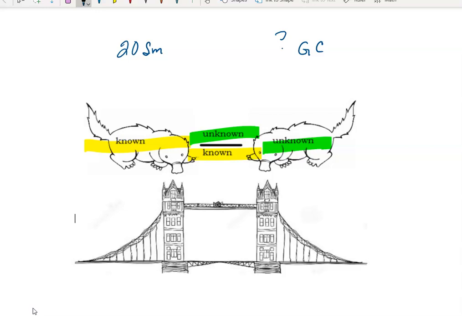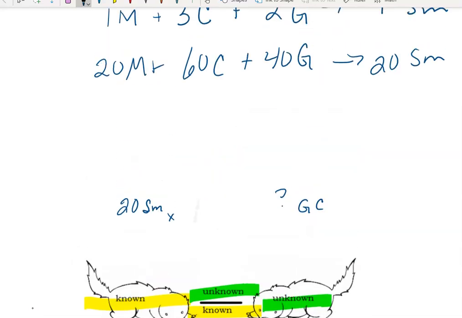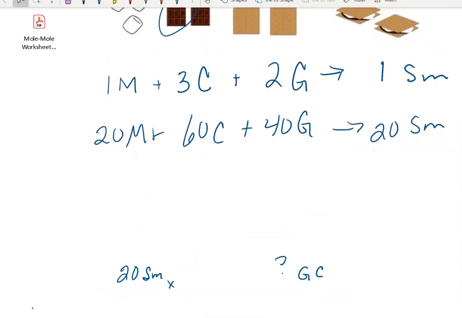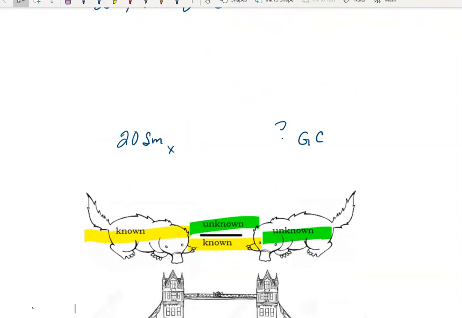Well, this is how you do it with stoichiometry. You take your known amount, 20 s'mores, you look at your equation. 1 s'more requires 2 graham crackers. So we're going to make a ratio. 1 s'more is our known amount. It goes on the bottom of our ratio. And 2 graham crackers is our unknown coefficient.